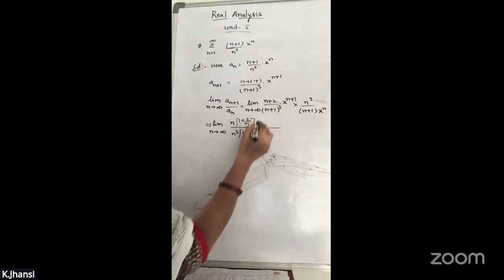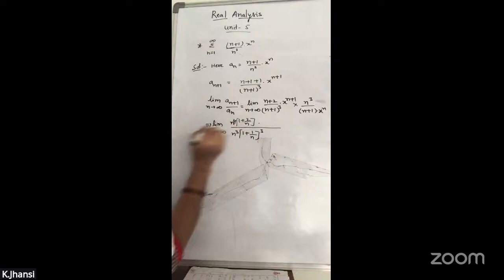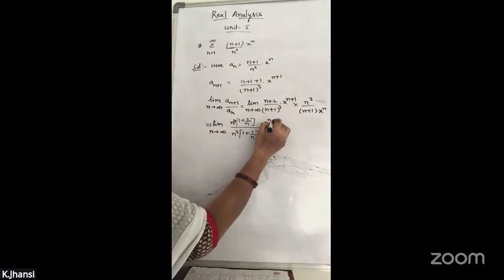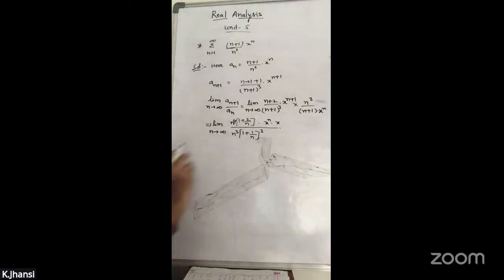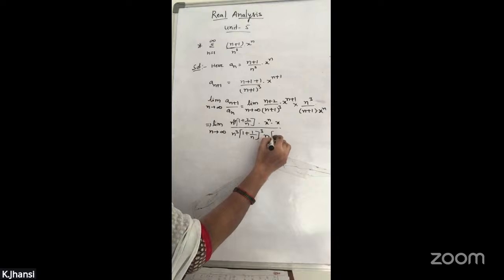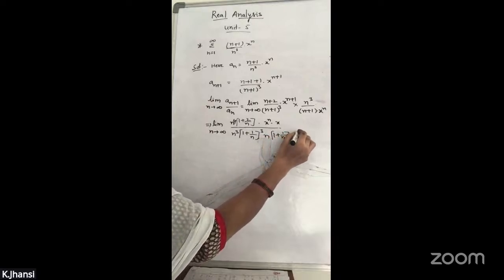Here you can split this: n cube into n gives n to the power of 4, and x to the power of n into x we can write. Here n plus 1 is there, so if you take n common, 1 plus 1 by n into x to the power of n.